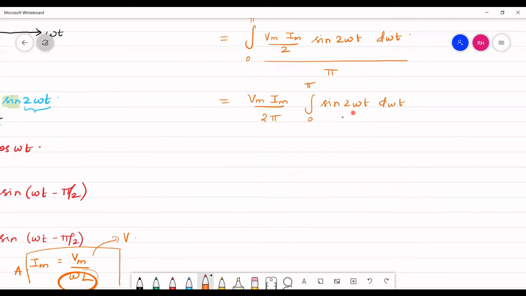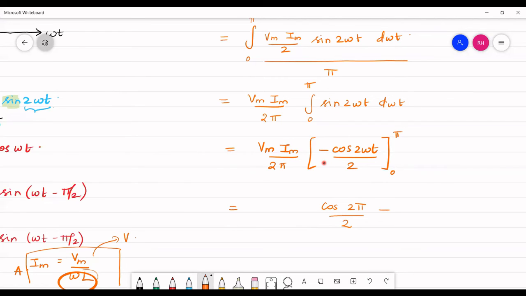And we know integration of sine 2 omega t is minus cos 2 omega t divided by 2. And applying the limits, upper and lower limits, pi and 0, we have cos 2 pi divided by 2 minus cos 0.